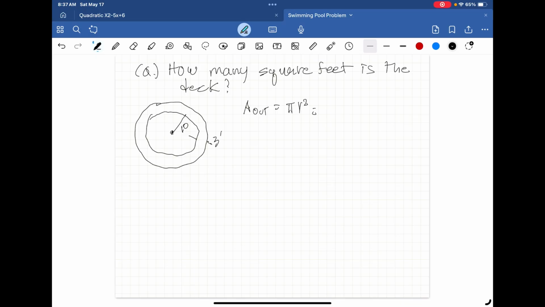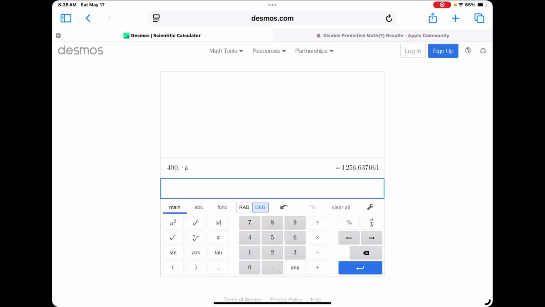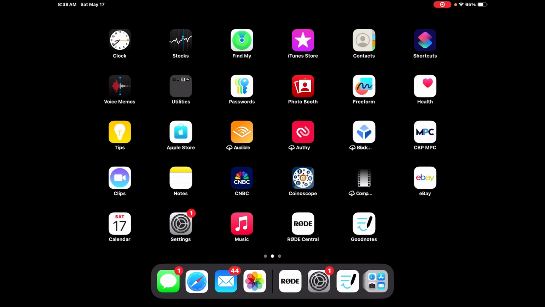We know the outer distance here, we can just calculate that as 13 feet. So it's pi times 13 squared. Now let's go to our online calculator to do that. So we want to do pi times 13 squared. That's equal to 530.9.